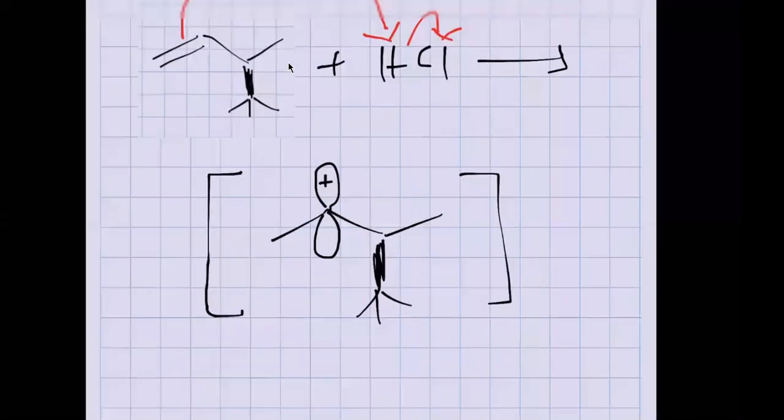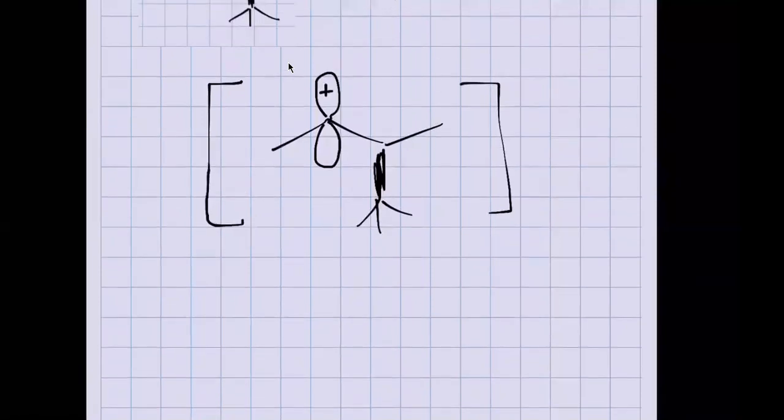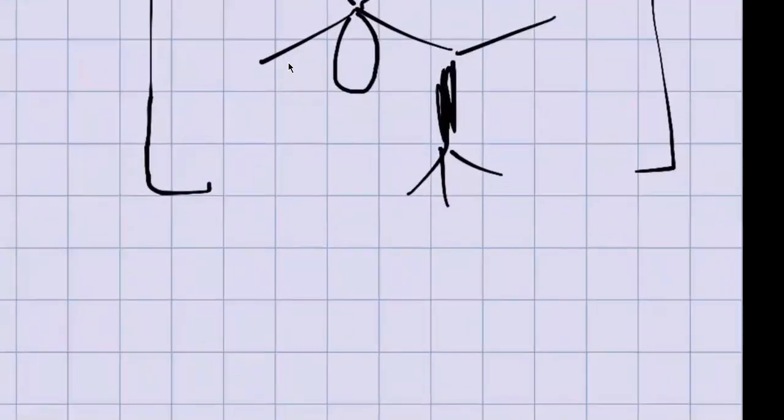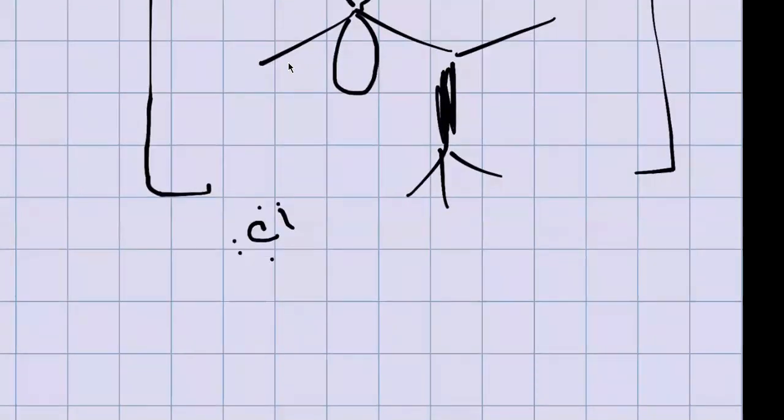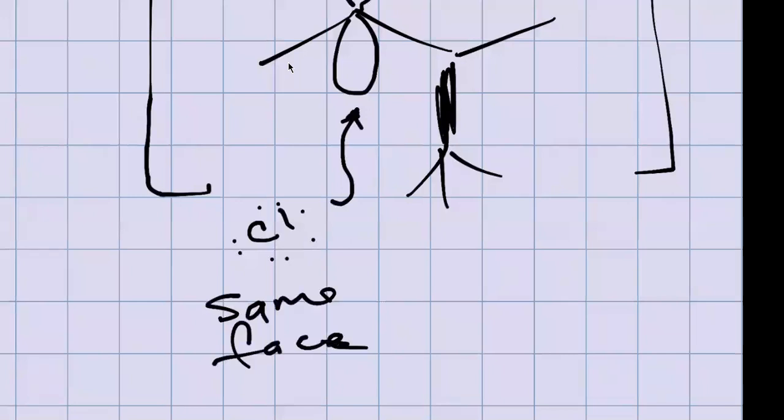All right, so when that happens, when chlorine comes in to attack, it's got basically two ways it can come, right? It can come from here. It can come from here, from the same face where the tert butyl group is.